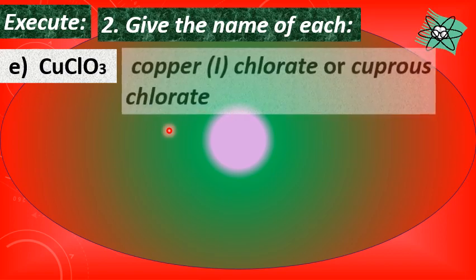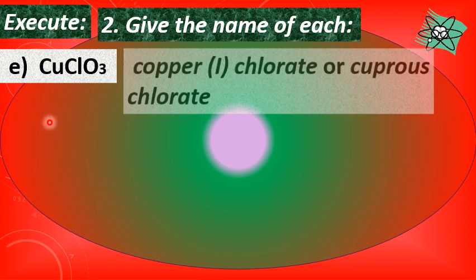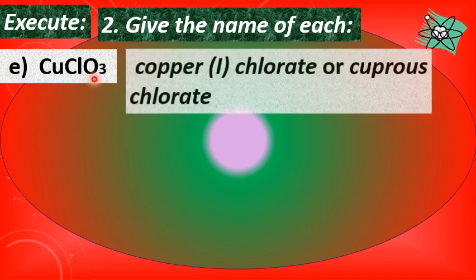This is because copper and chlorate have the same subscript, which is 1.